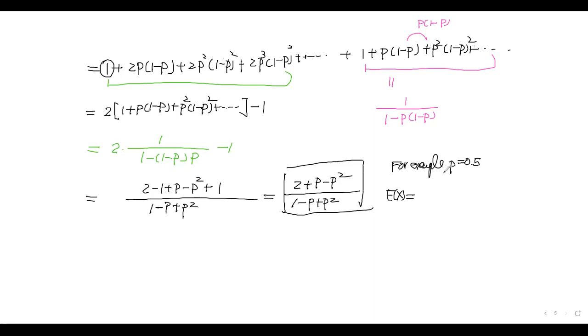Each one has an equal chance. If you put 0.5 into your equation, you have 2 plus 0.5 minus 0.5 squared, then divided by 1 minus 0.5 plus 0.5 squared. You will see here the expected value is 3.